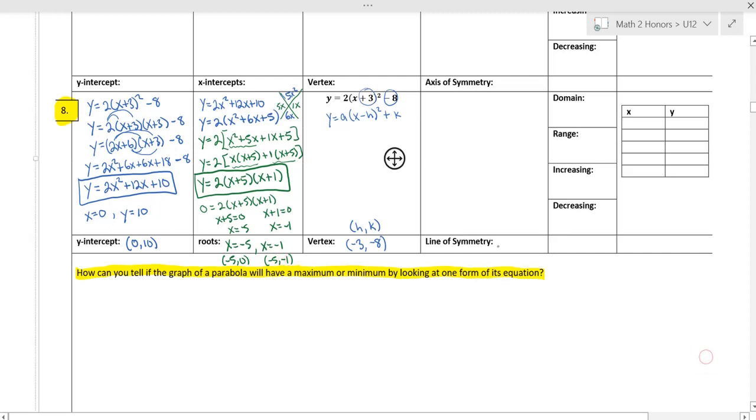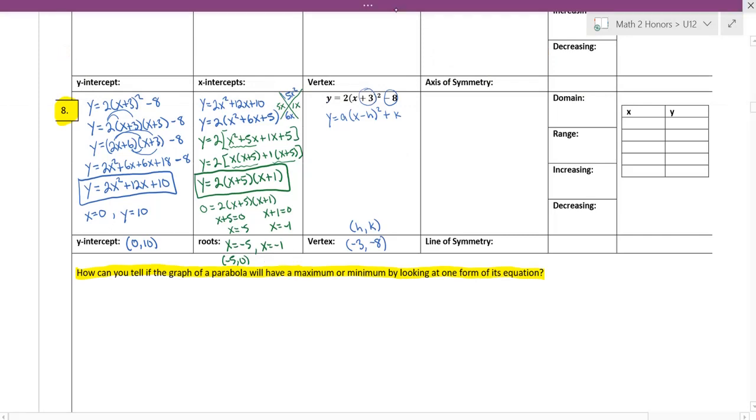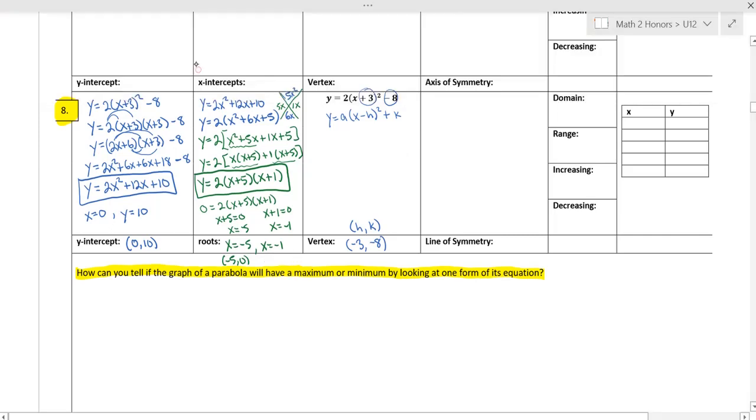Your line of symmetry is always right in between your two x-intercepts. And I made a mistake on my x-intercept, sorry, let me fix that. So my line of symmetry, if I average my x values, I have negative 5 plus negative 1 divided by 2, which is negative 6 over 2, which is negative 3.